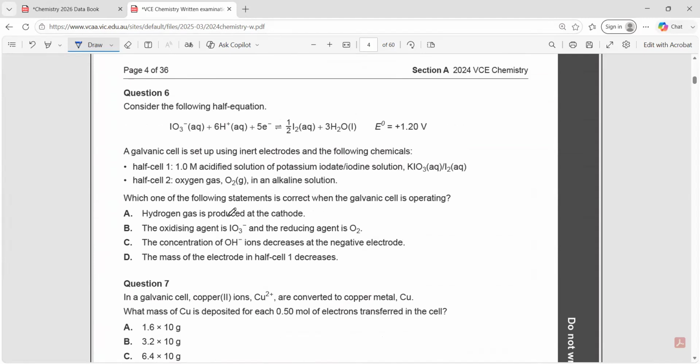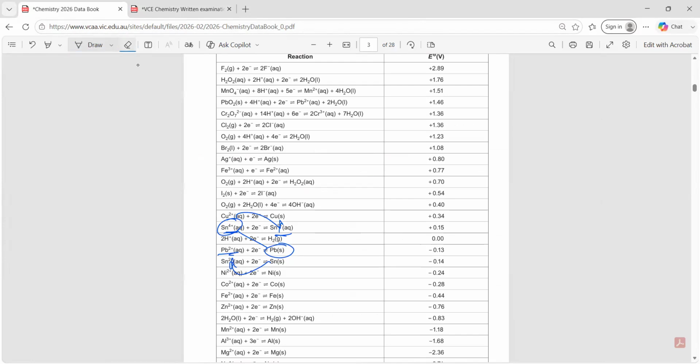Which one of the following statements? A galvanic cell is set up using inert electrodes and the following chemicals. And an oxygen in an alkaline solution. What would be oxygen in an alkaline solution? It would most likely be something like this, wouldn't it? So it'd be oxygen, and then we've obviously got water. I'm just thinking, is there anything else that's oxygen in an alkaline solution?